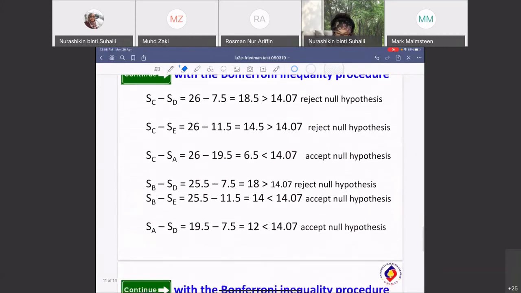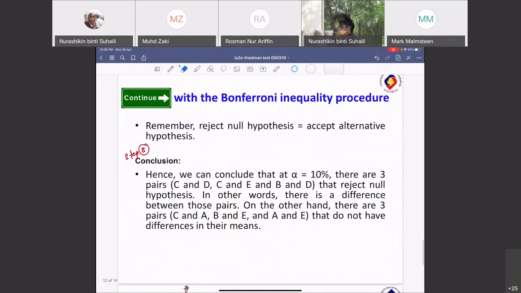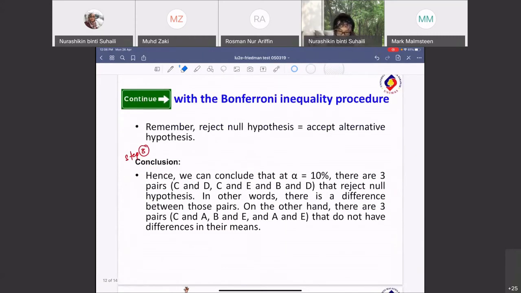So see here, reject. So the conclusion here, step 8, you have to write at alpha equal to 10% for this case. There are 3 pairs that reject null.